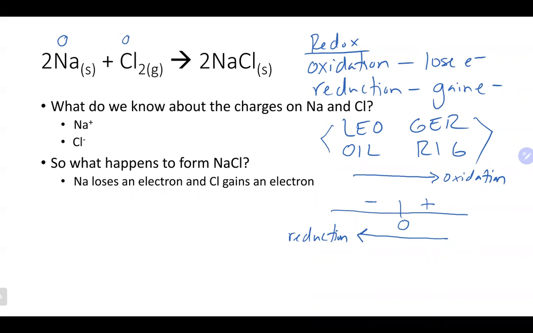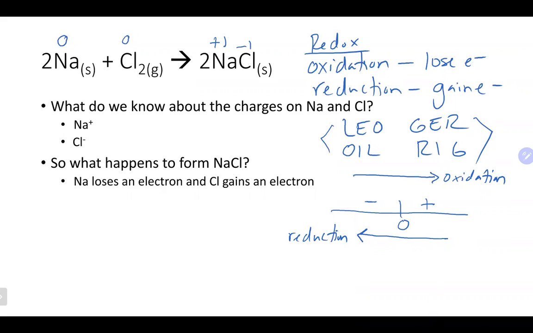Now, when those two guys come together, it is at this point on the right-hand side, when we make this ionic compound, that the sodium now gains a +1 charge, like we know what sodium usually has, and the chloride gets a -1 charge because it is group 7.